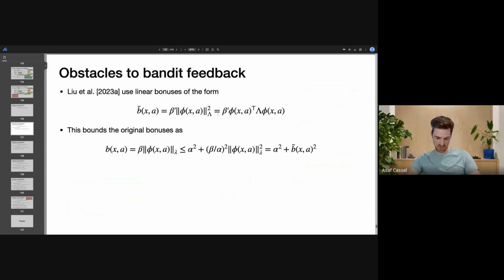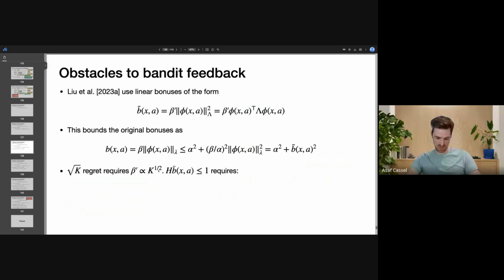But the issue when you use linear bonuses is the way you get to them is you use AM-GM on the original bonuses. And you get this additional constant term that will sum over k, so you have to keep it small enough. To keep this term small enough, you would have to have the coefficient of the elliptical potential in the bonuses be about square root of k.